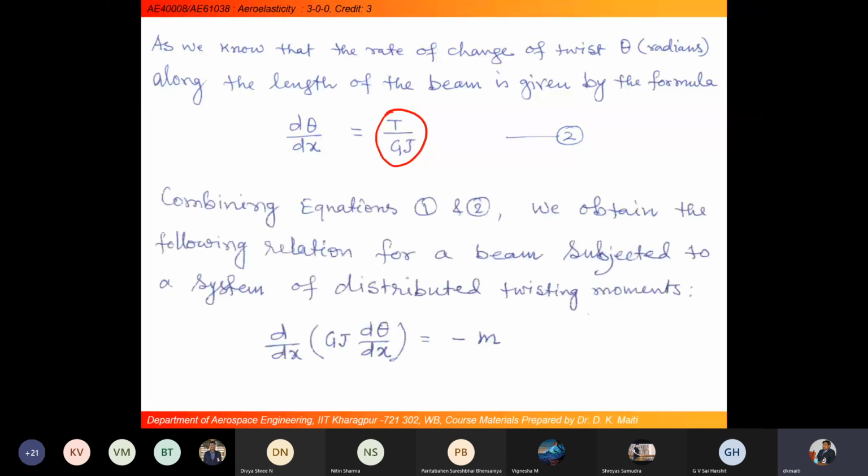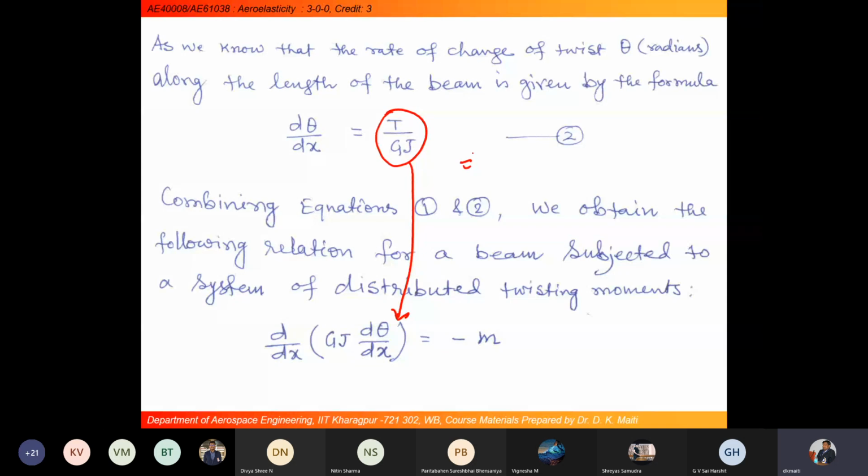From this, T equals GJ multiplied by d theta by dx.